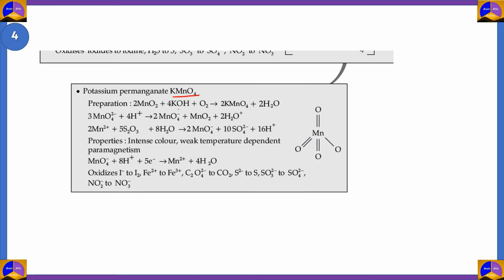For instance, here we are using potassium hydroxide, and there's oxygen as well, in order to form 2K2MnO4 plus 2H2O. This compound is dark green in color, and K2MnO4 is now disproportionated in neutral or acidic solution in order to give the permanganate ion.